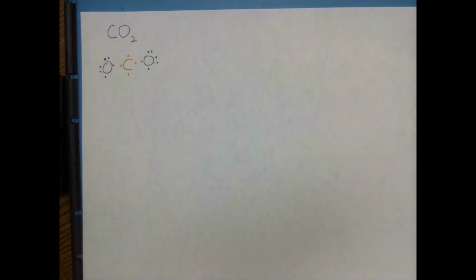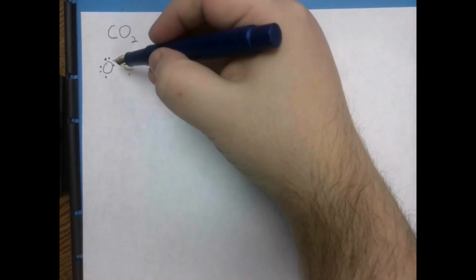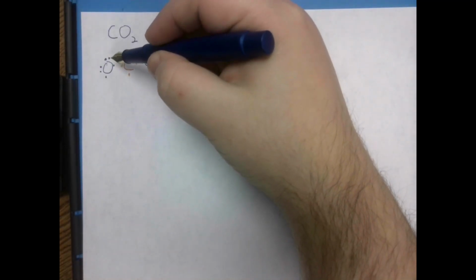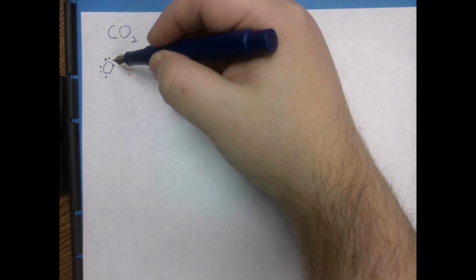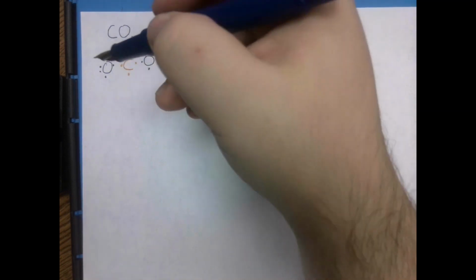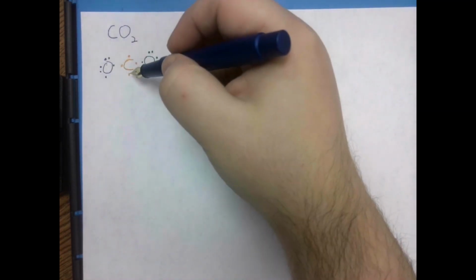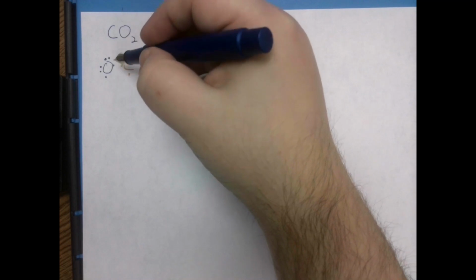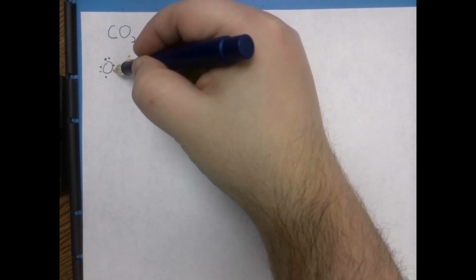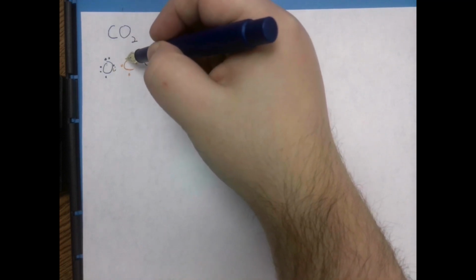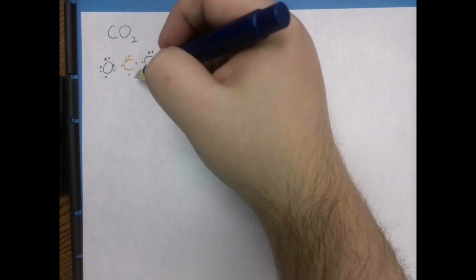Now I want to see if y'all can figure out some things. So here we can see that, again, every element wants 8 electrons, except for hydrogen and helium. This has 6, that has 4, that has 6. They need to come over and do some bonding. So if we look, there's a missing spot here, and there's a missing spot here.